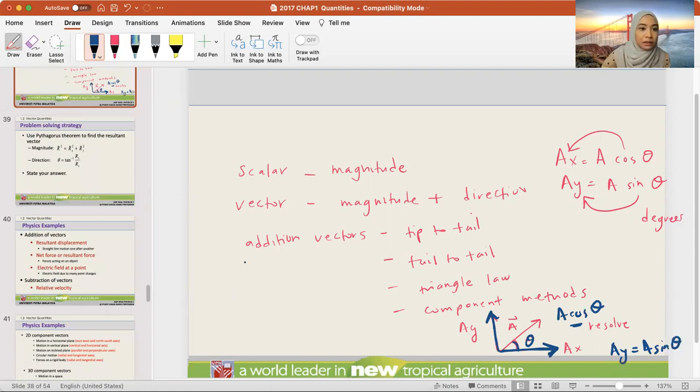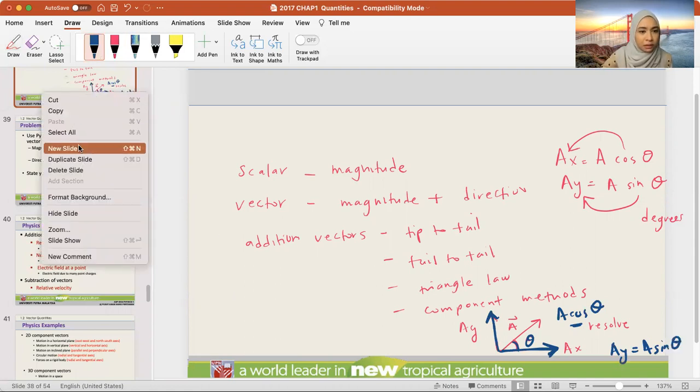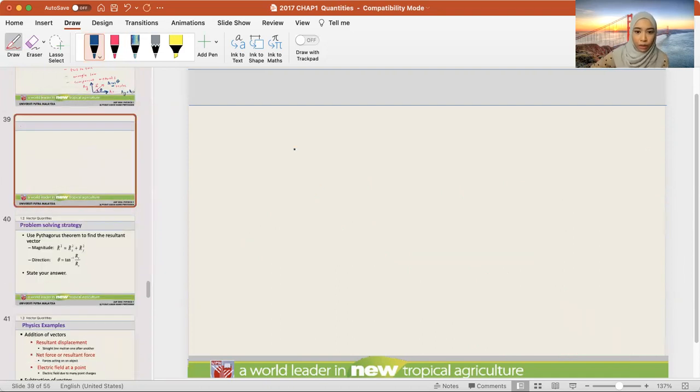Okay, let's take another look at this new slide. What if I have an angle like this? Sorry, a vector like this, and my angle is touching here, theta, and I want to know, good job. This is already 90 degrees.